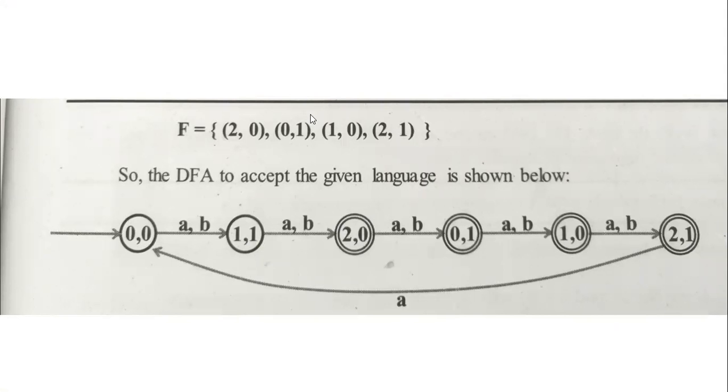So the x and y combination should not be equal. 0,0 is equal, so this cannot be a final state. 1,1 is equal, so this cannot be a final state. 2,0, they are not equal. 0,1, they are not equal. 1,0, they are not equal. Then 2,1, they are not equal. Because of this, this is the DFA we can design for mod 3 not equal to mod 2 exactly.